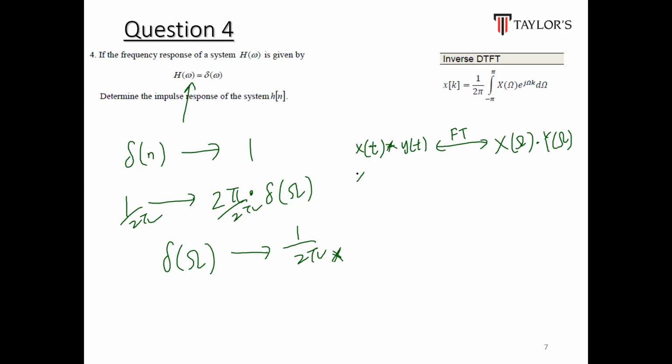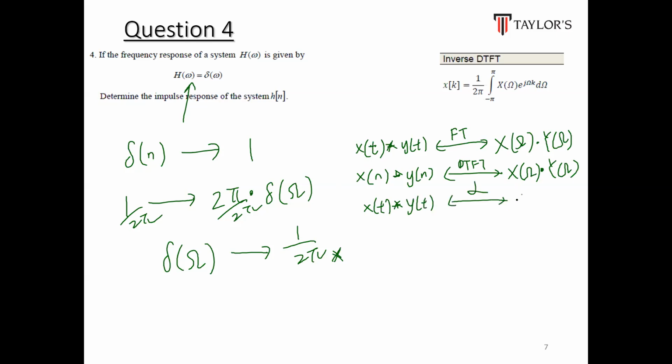In the discrete time Fourier transform, it's exactly the same. You get X(ω) multiplied by Y(ω). In the Laplace transform, it's the same again. Let's say you convolve x(t) with y(t), and you apply the Laplace transform, and you get X(s) multiplied by Y(s).